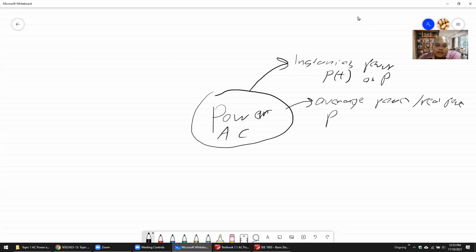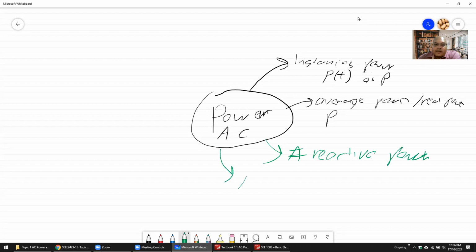And there are other powers here: reactive power, which we call Q, and apparent power. The unit for real power is W, or watt.